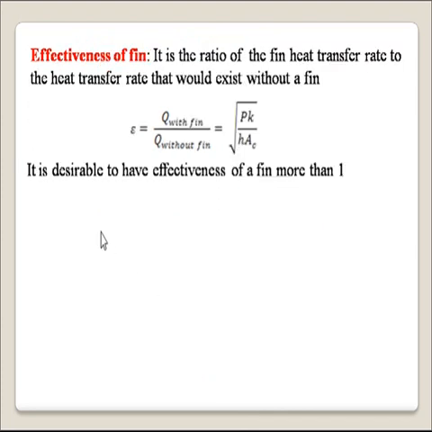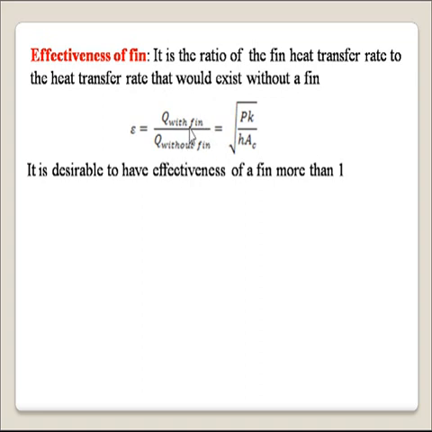The next term is effectiveness of fin. It is simply the ratio of the fin heat transfer rate to the heat transfer rate that would exist without the fin. So effectiveness is the ratio of Q with fin to Q without fin.